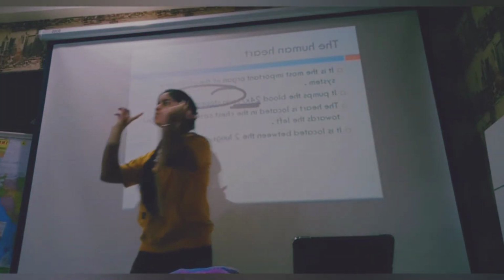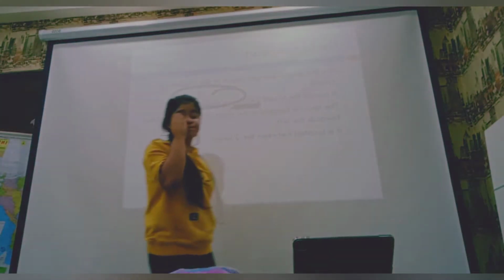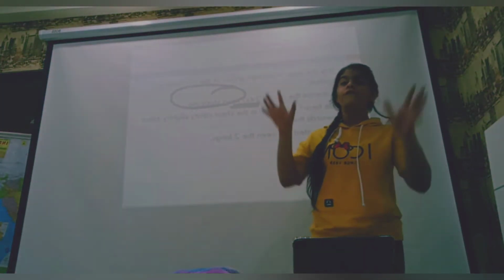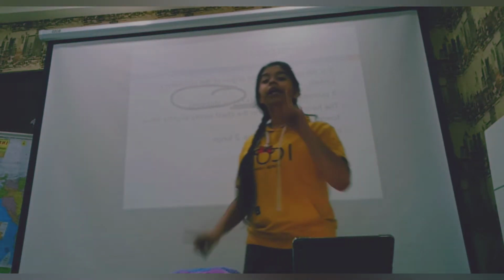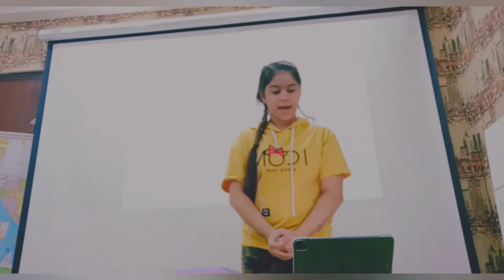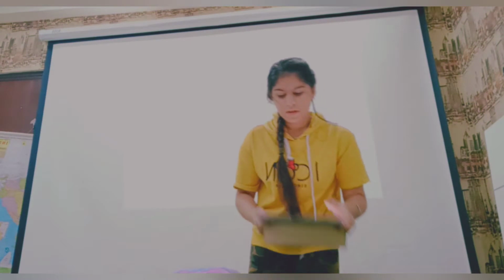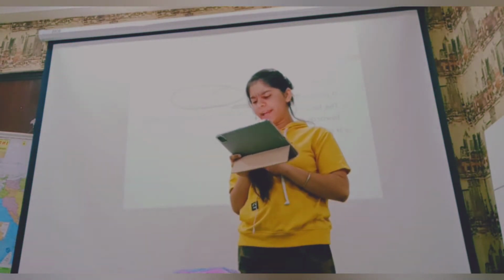Let me just switch on more lights as it's getting dull. Just a minute, everybody. Hope now it's much better. Yeah. So everyone, we all know that the heart is located in our chest cavity, slightly tilted towards the left.